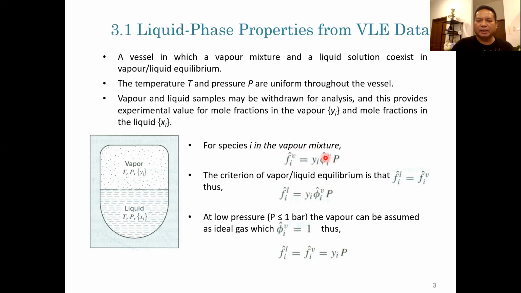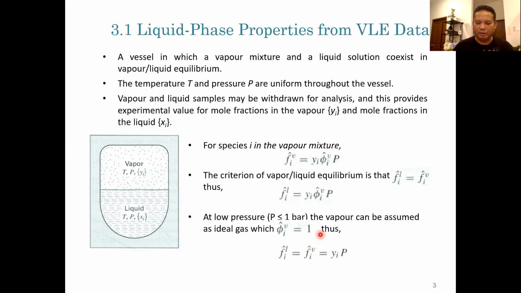This is the activity coefficient, and P, and then this is for the liquid part here. So if the vapor is in the ideal gas form, then the phi here should be equal to 1.